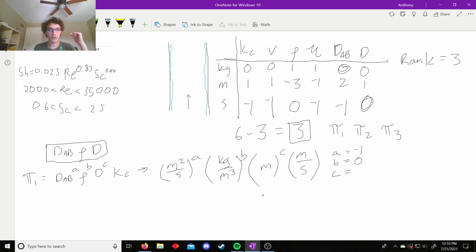Here we have meters squared on the bottom. Here we have meters on top, and here we have meters on top. So we have 2 meters on the bottom and 1 meter here. So C has to be 1 in order for us to have 2 meters on top and 2 meters on the bottom. So that gives us C equals 1.